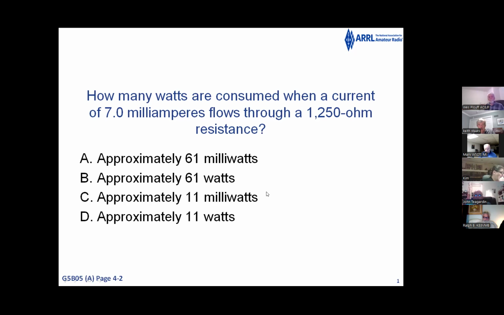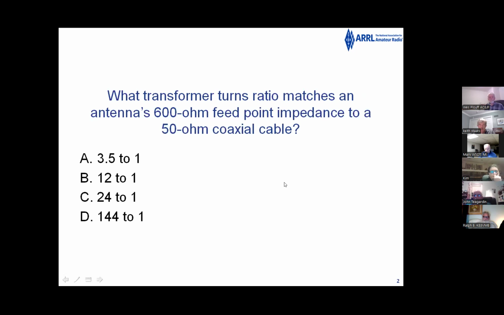Because it's 0.007 squared. Anyways, here's another one. This one is tricky because it was in the manual. What transformer turns ratio matches an antenna's 600 ohm feed line impedance to a 50 ohm coaxial cable?